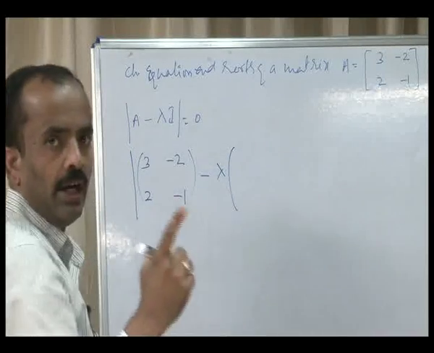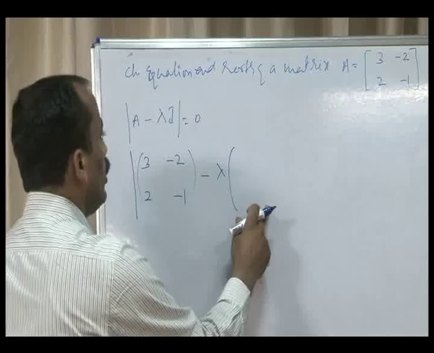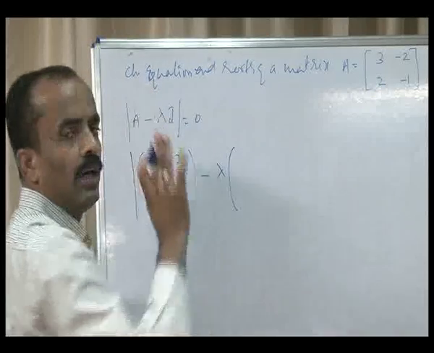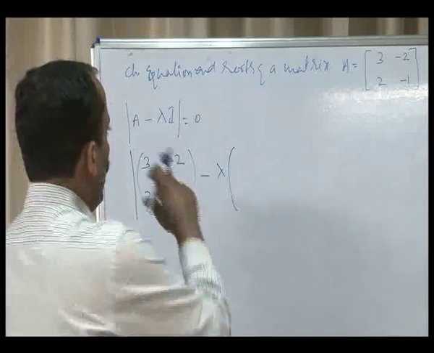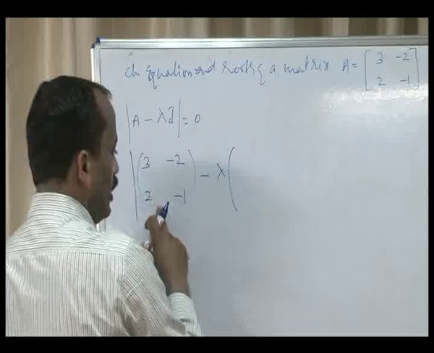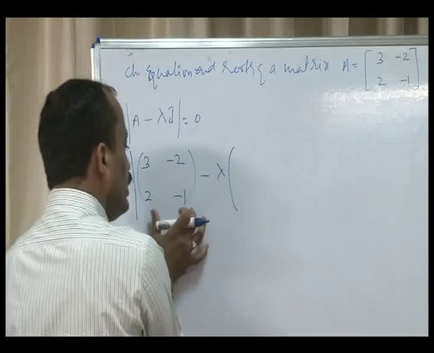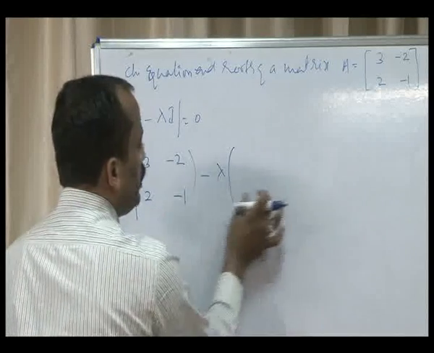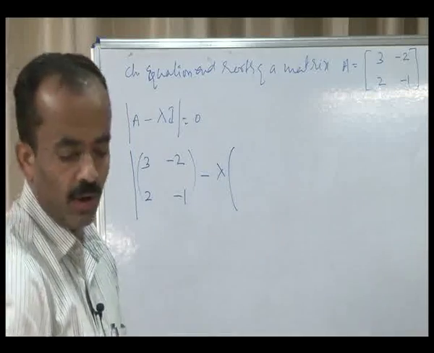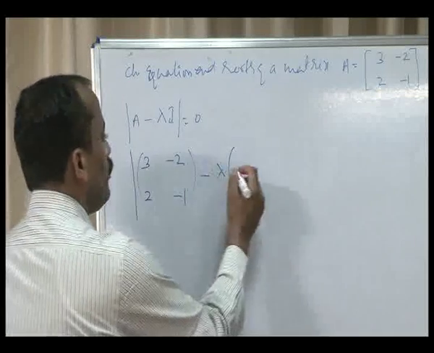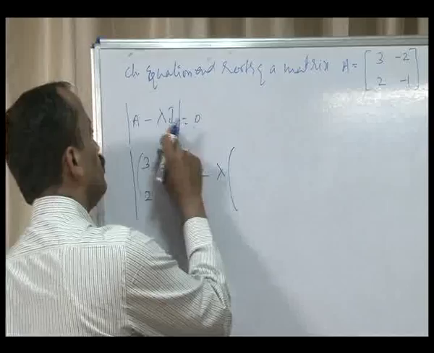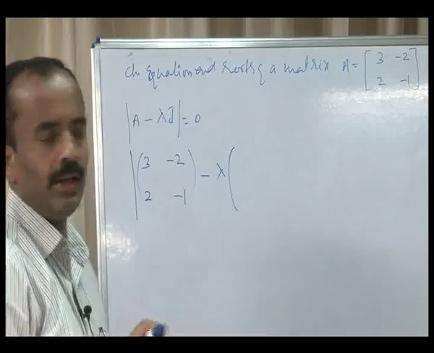The identity matrix of the same order as that of A, it is a condition. The order of the identity matrix should be equal to the order of A.